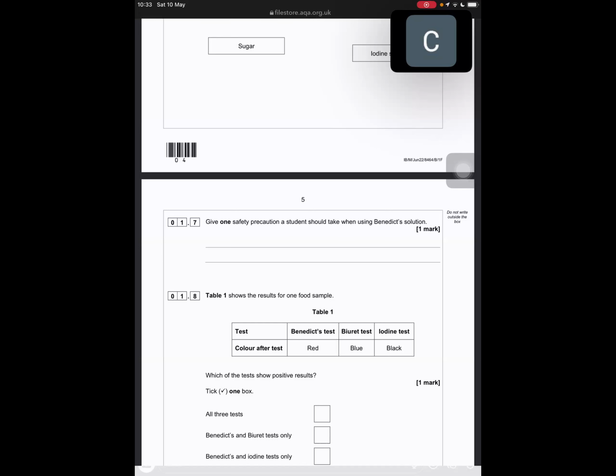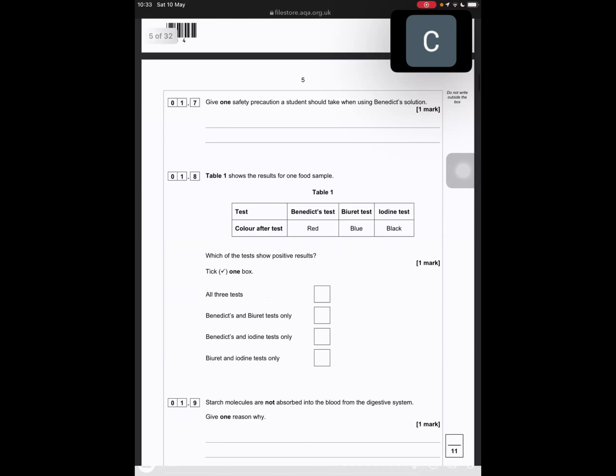That should be a safety precaution. Does the marking scheme give anything extra for Benedict solution precautions? Wear gloves, wear goggles. Okay, perfect.